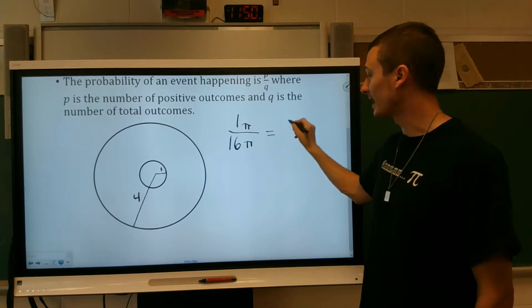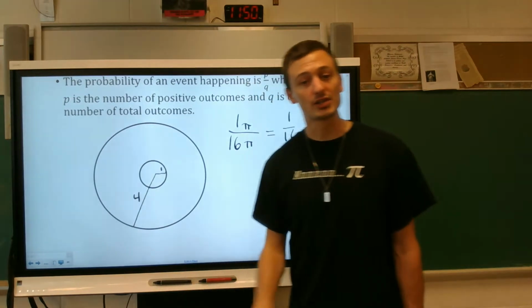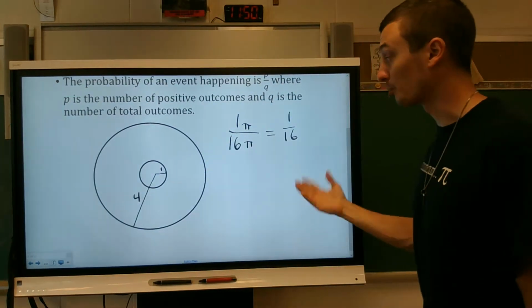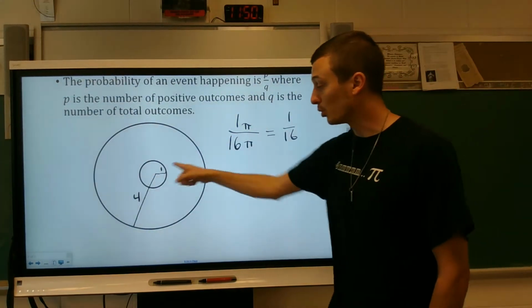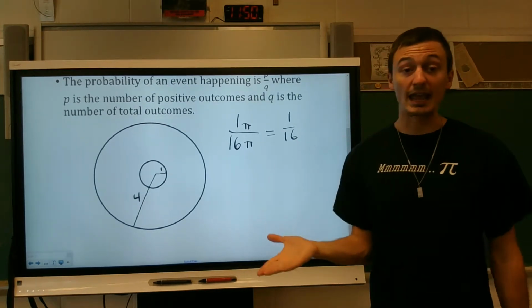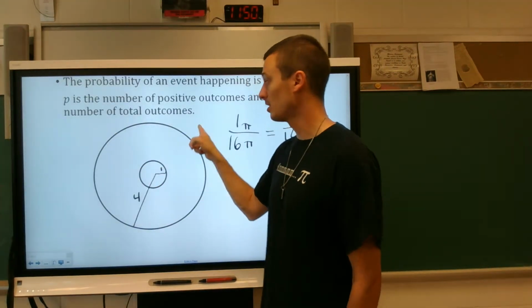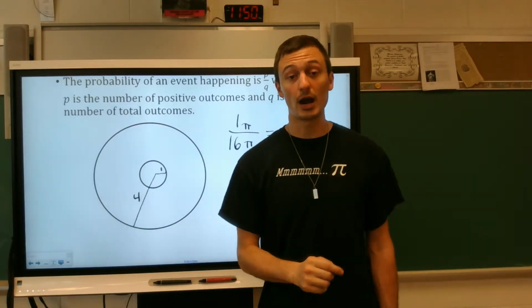Simplifying that, we get 1 out of 16. So if you're throwing completely random darts that can only go in the dartboard, your probability of getting a bullseye is 1 out of 16. And really, that's it. The bullseye is the positive outcome. The full dartboard is the entire outcome.